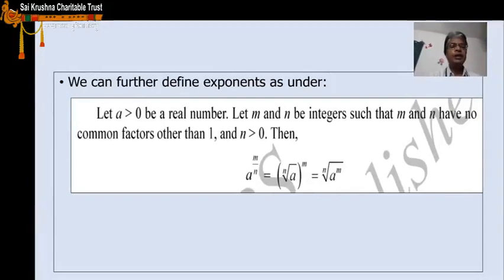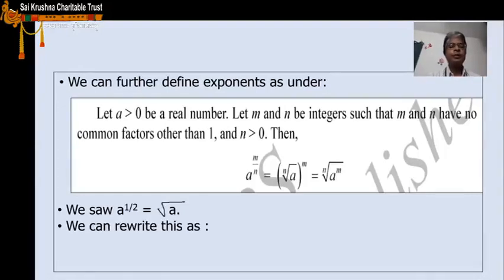I will explain it. We saw a power 1 by 2 equal to root a. We can rewrite this as a power 1 by 2, root a whole power 1. See what has happened. In a power m by n, here m is 1, n is 2. So I will put the root 2 also, although 2 is not necessary to put, and power 1 is not necessary to put.